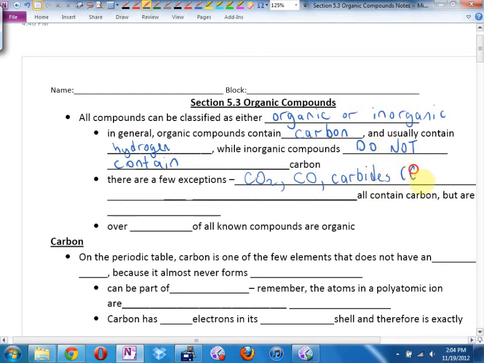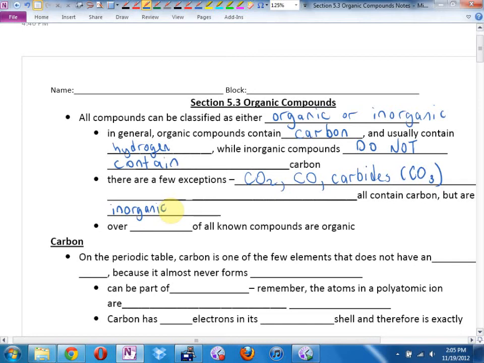Carbonates, those are the ones that contain CO3, that carbonate that we just looked at a couple of minutes ago, are not organic. They all contain carbon, but they are inorganic. So for you folks, aside from those ones, if it's got a carbon in it, especially if it starts with a carbon, it's an organic chemical.